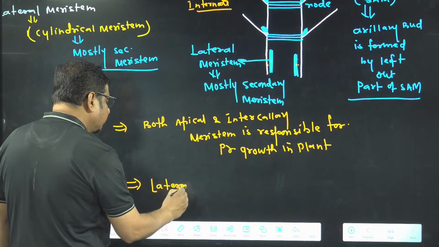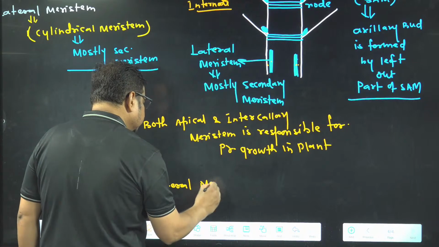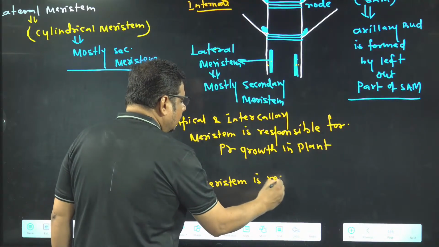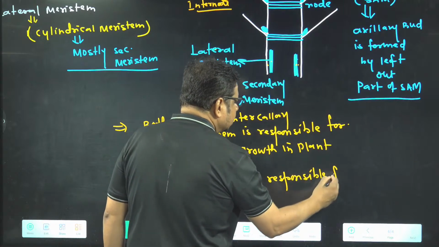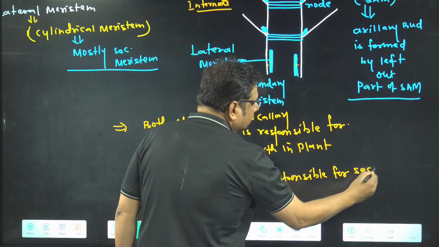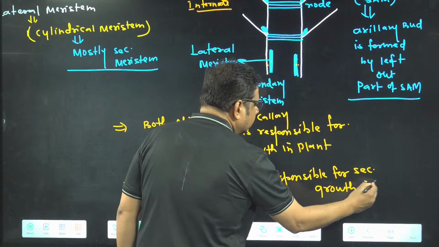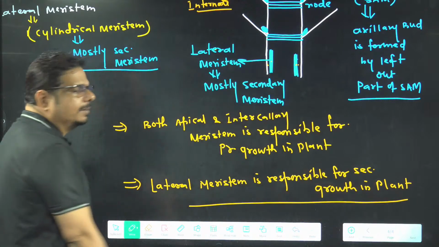An important thing is what? Lateral meristem is responsible for secondary growth in plant. You got the idea? So who is responsible for primary growth?